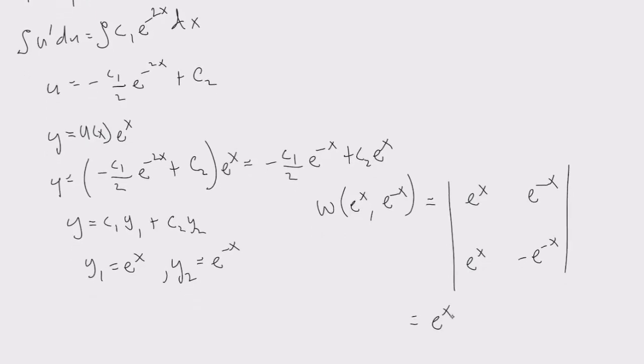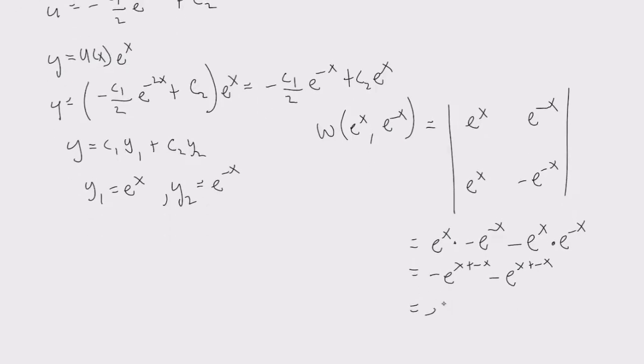So that would be e to the x times negative e to the negative x minus e to the x times e to the negative x, which is negative e to the x plus negative x minus e to the x plus negative x.